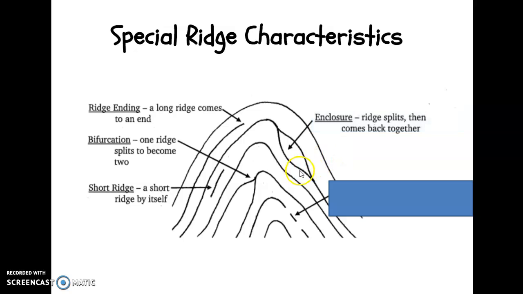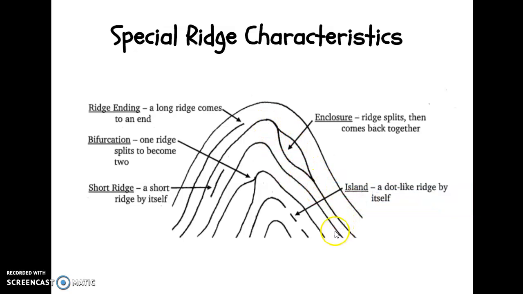Then you have an enclosure. This is where you have two ridges that come together and make a space in between, and then they end on both sides. And then you have an island. An island is just a little dot-like ridge all by itself.